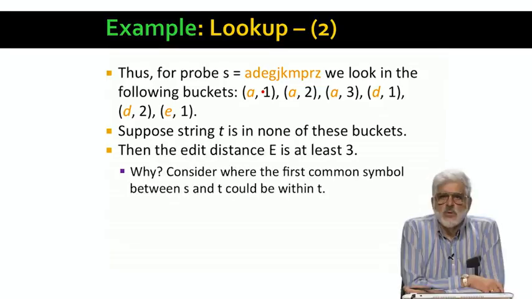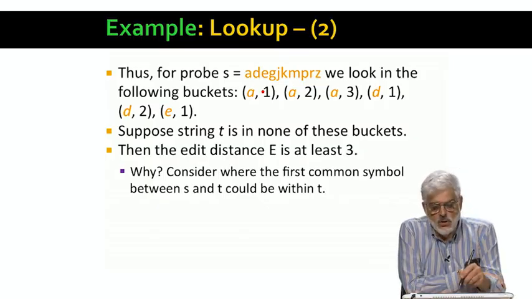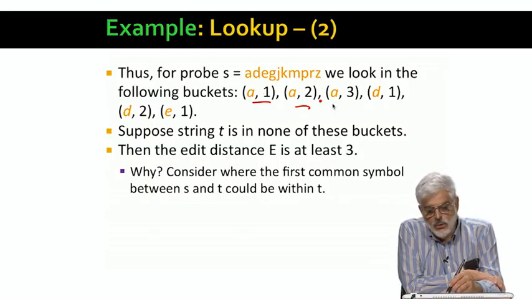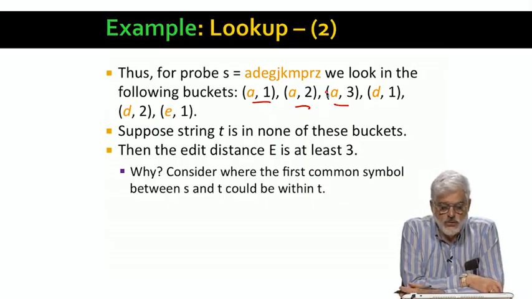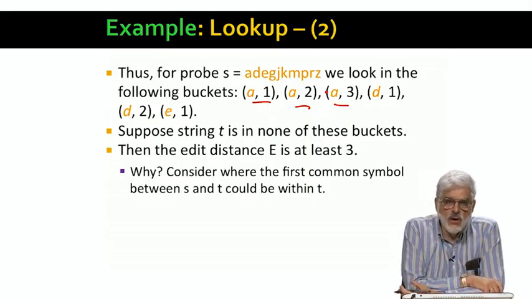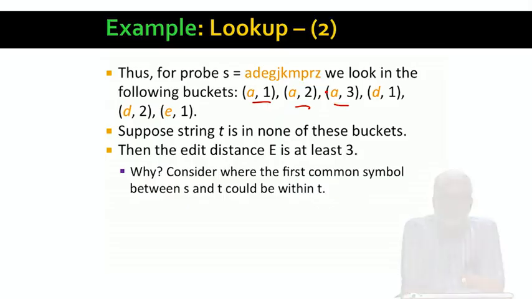Then the edit distance between S and T is at least 3. To see why, consider what the first symbol T has in common with S can be. If it is an A, then that A is at least 4 positions back in T, because we would search for and find T if A were any of the first 3 positions, because we look at those buckets.